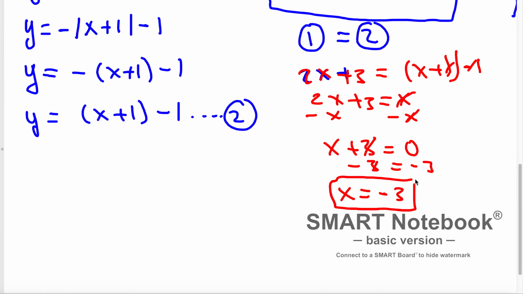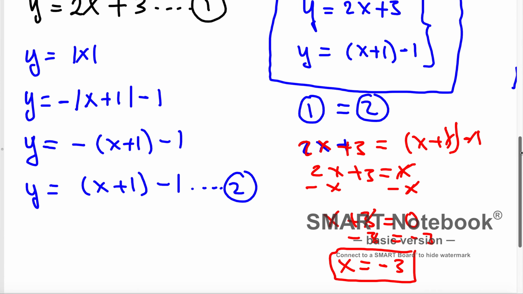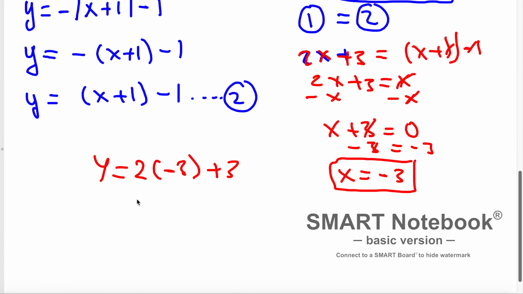So we found the x. Now if we plug x into any equation here, 2x plus 3, we can get y: y is equal to 2 times minus 3 plus 3. 2 times minus 3 is negative 6, plus 3, which is equal to minus 3.